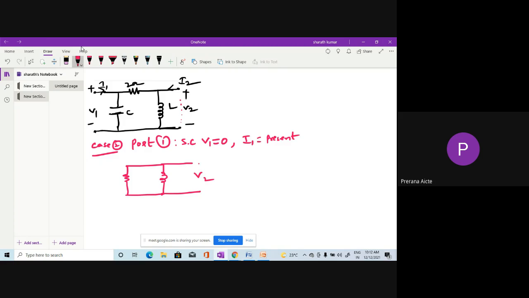So we have voltage source plus minus. We have a current I2 here. Obviously, current I1 is also present here.